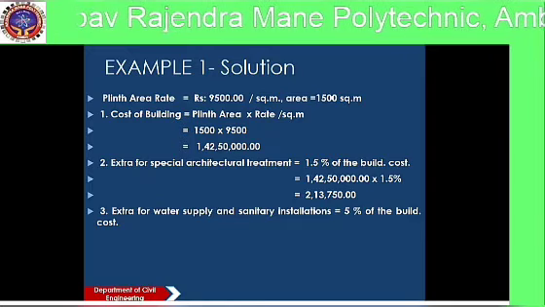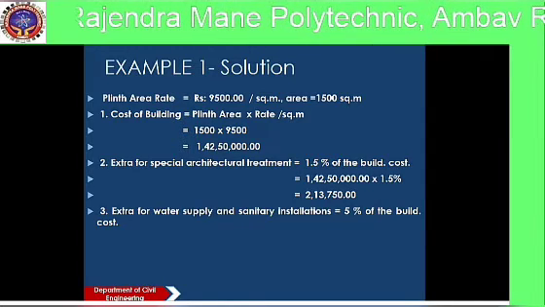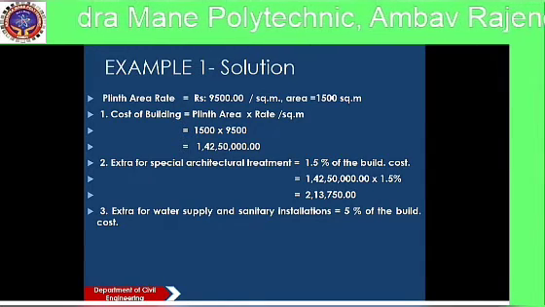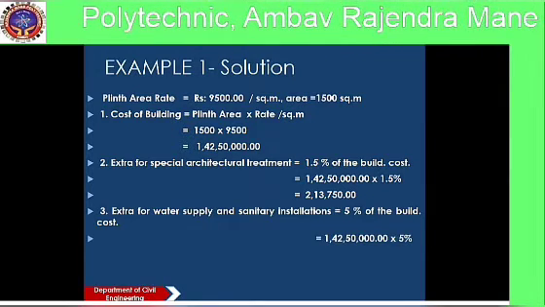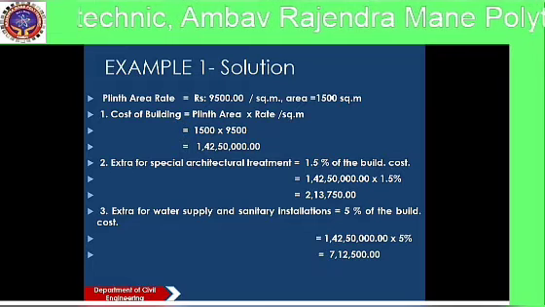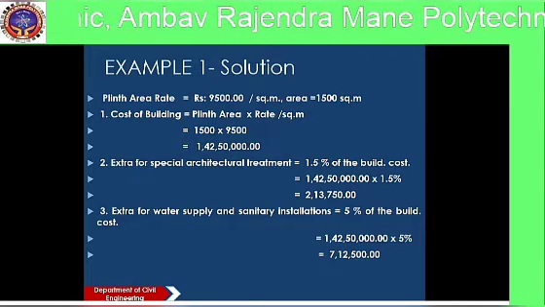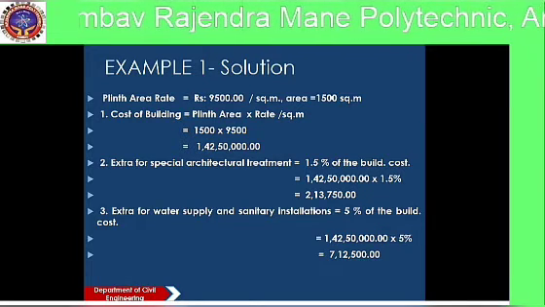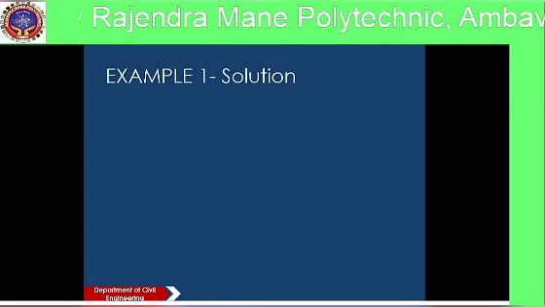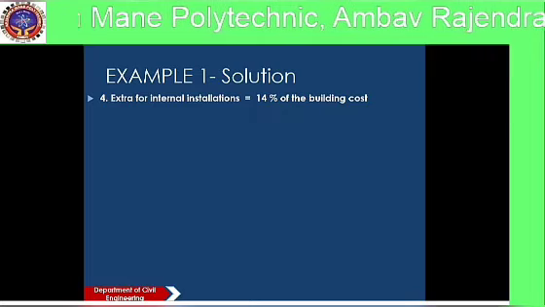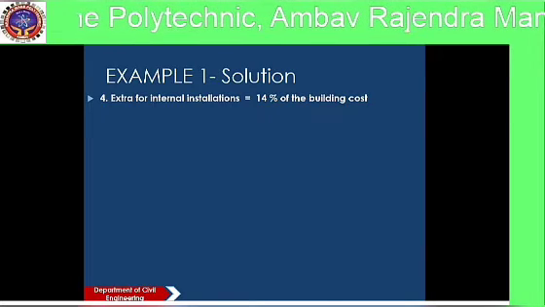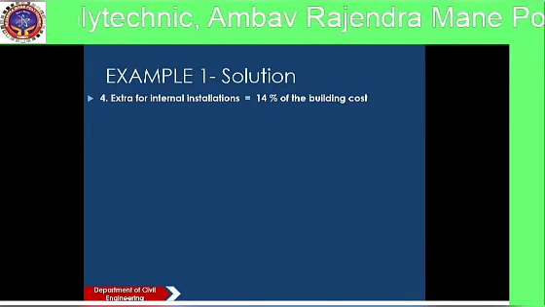5% of building cost. That means 5% of 1 crore 42 lakh 50,000. So it is 7 lakh 12,500. Next is internal installations. Extra amount required for internal installations is 14% of the building cost.